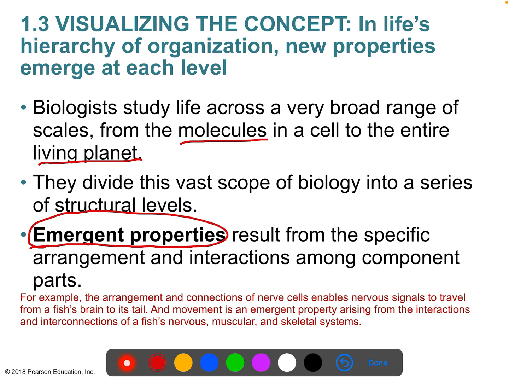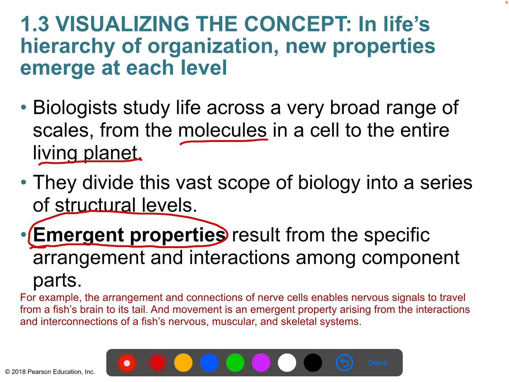A very interesting term to discuss also is this idea of what are called emergent properties. An emergent property, which we find in, for example, a living thing, is a particular type of property that is dependent or based on the interaction of multiple component parts working together. For an example, I gave you the fish.